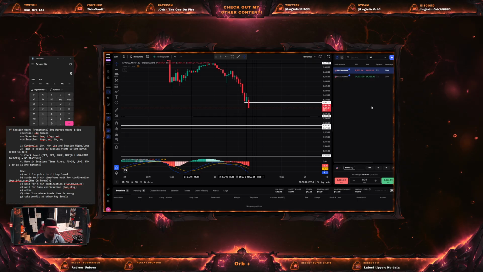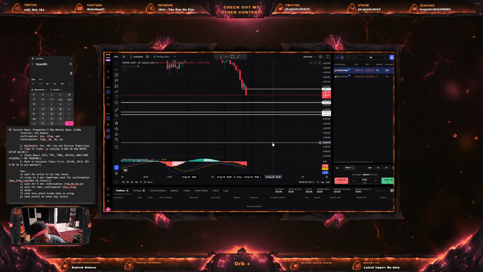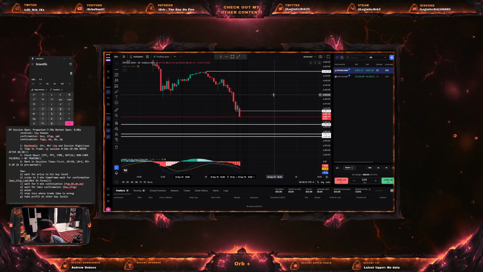But I want to see with my own two eyes what price does before I take a trade, because this is new. I've established a range price has to respect, and it can go all the way down to here, wick, close, and then bounce back up. But if it decides it wants to continue and close here, it'll just continue to tank. And that's entirely possible.